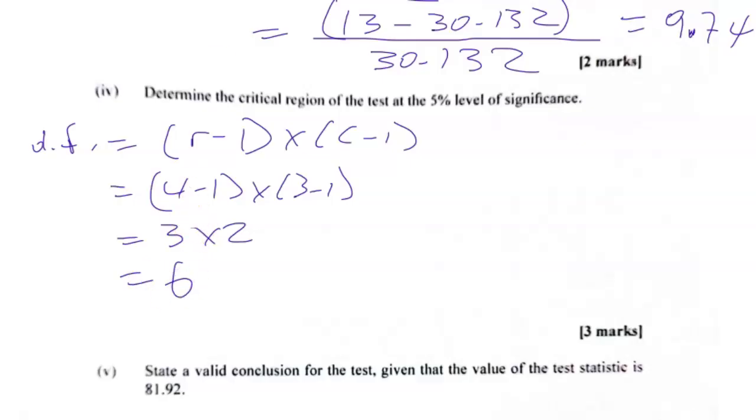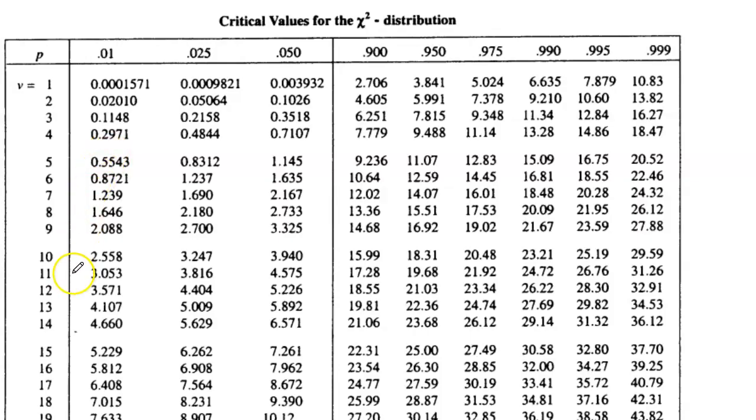So the degree of freedom is 6. We can go to the table and look for a degree of freedom of 6, which would be in this row. And remember, we're doing the 5% level of significance. So if we subtract 5% from 1, that's 0.95. So we're using the values in this column.